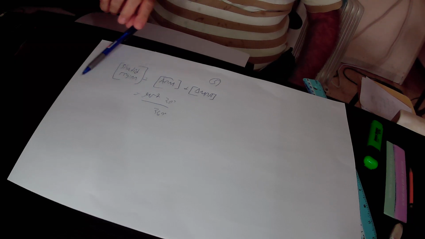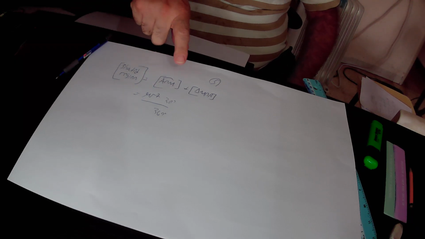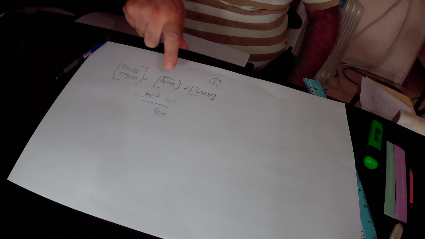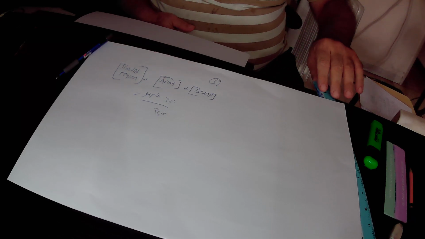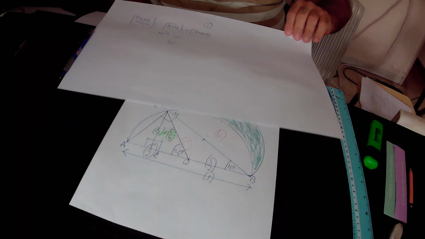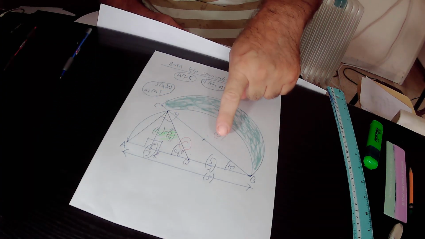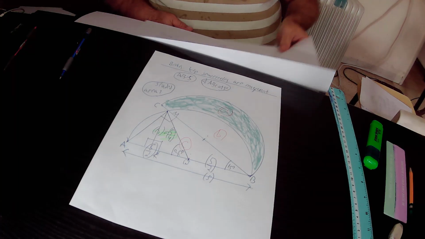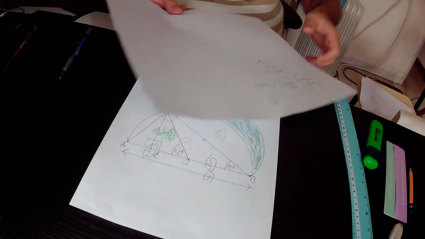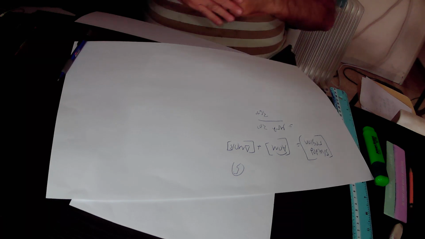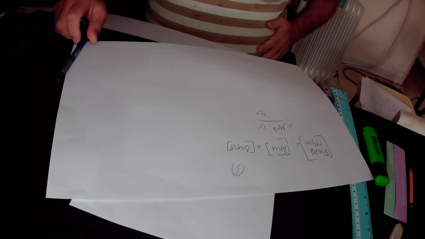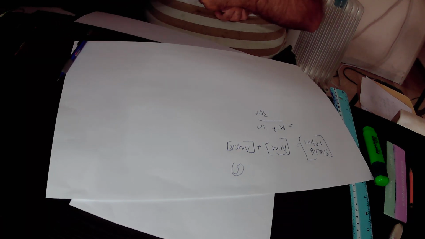So the area of sector AOM equals pi r squared times 30 degrees over 360 degrees. R is the radius of this semicircle, which equals 5 over 2. If r equals 5 over 2, it means that r squared must be equal to 5 over 2 squared.